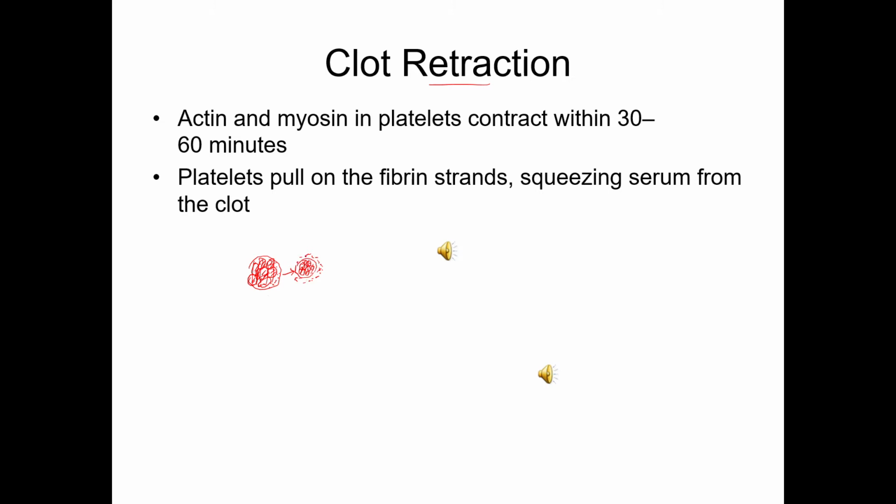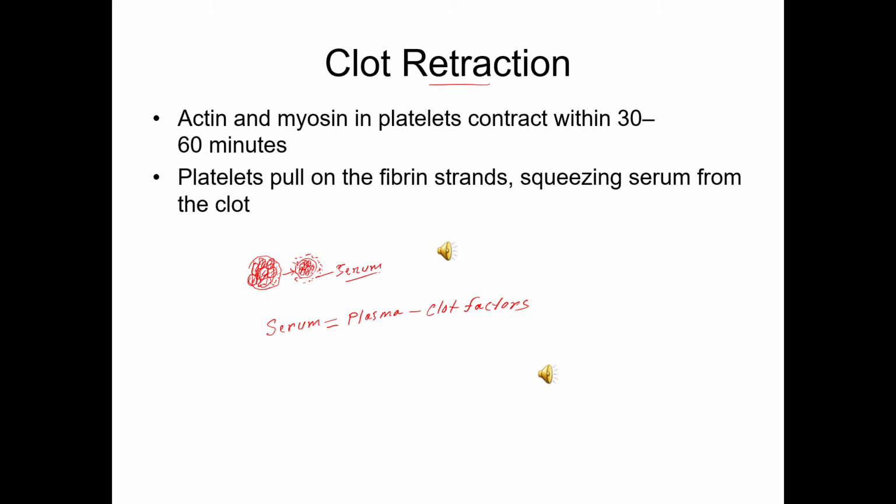So this is the serum. Serum comes out when clot retraction occurs. And remember, serum is actually plasma, the liquid part of the blood, minus clot factors. Why is that?